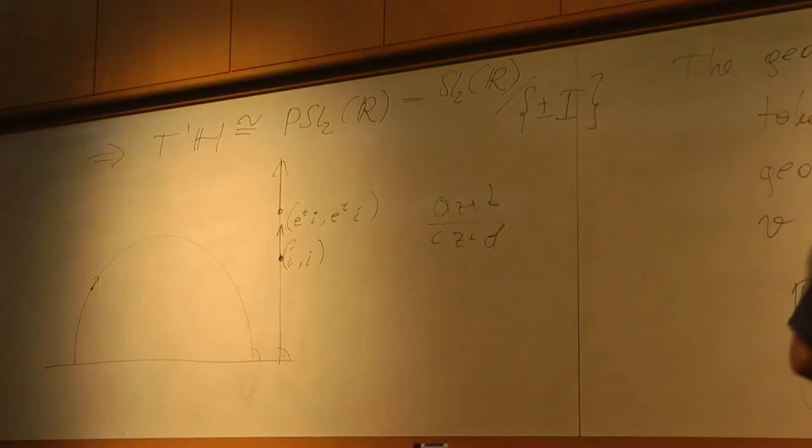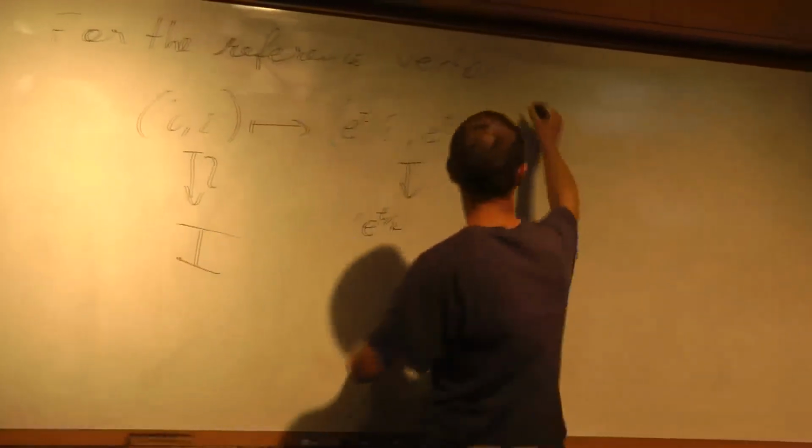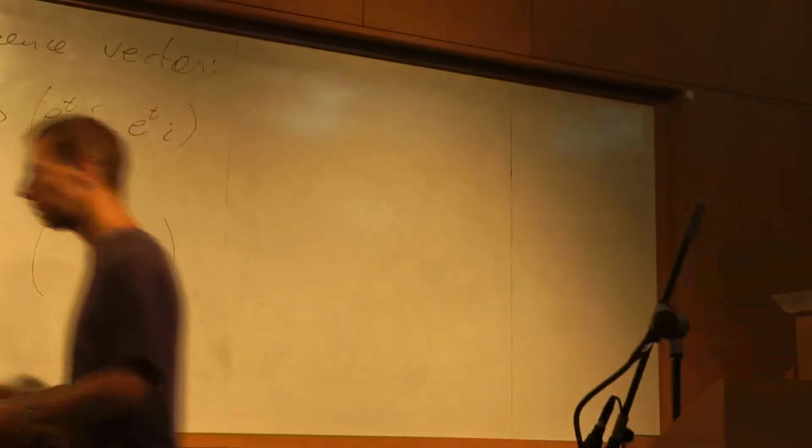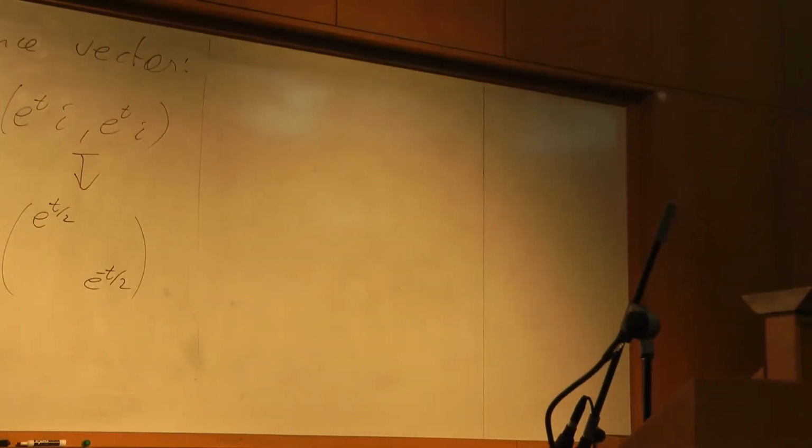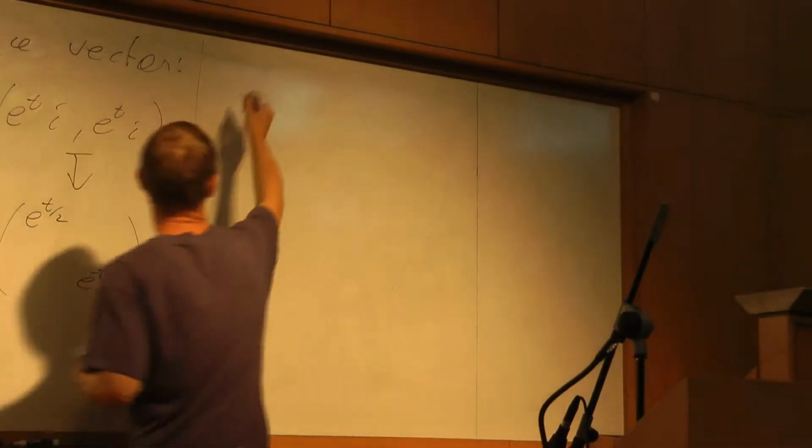So if I now apply a Mobius transformation, I'm moving to the general vector.